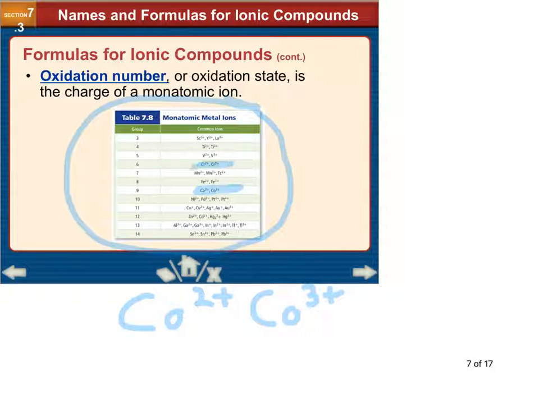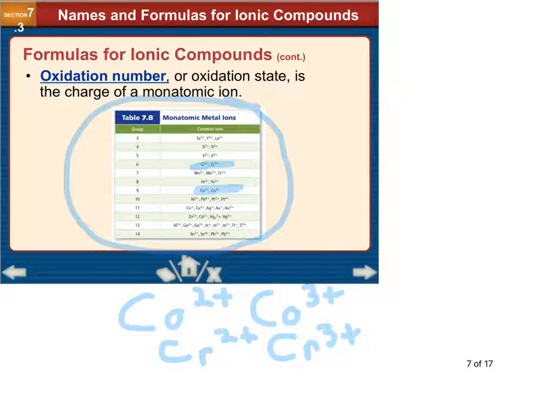And there's chromium. Chromium can be a 2+ charge, or chromium can be a 3+ charge. A 2+, 3+ is very common in here, but there are some other ones you're going to see also. See some 1+, and a few 4+ in there.